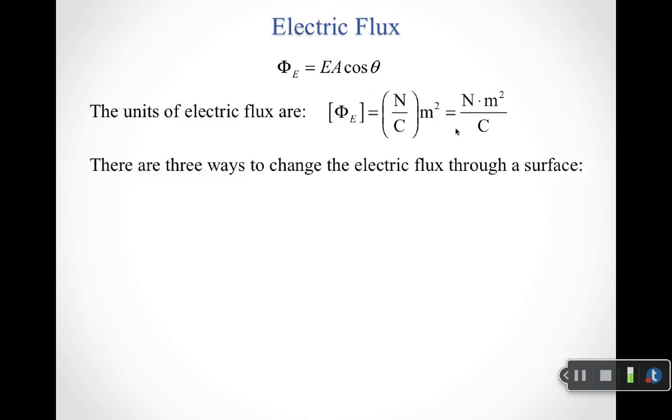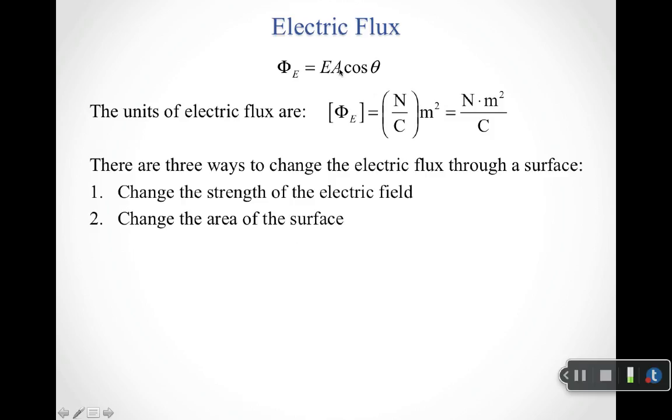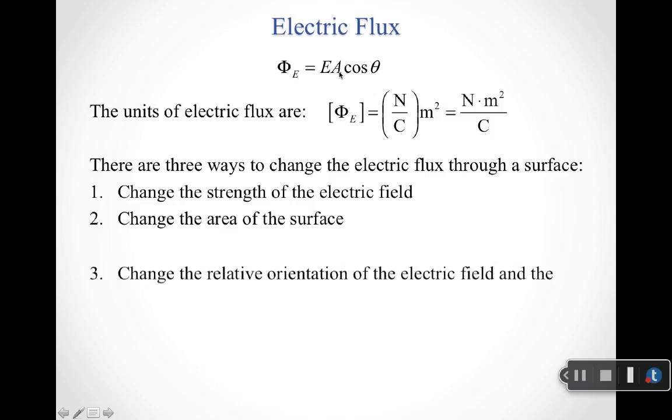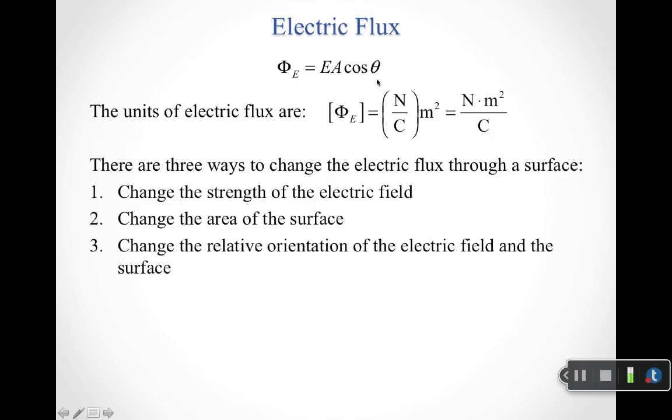This equation highlights that there are three ways I can change the electric flux through a surface. First, change the strength of the electric field, basically change this component. Second, change the area of my surface. And the third is I can change the relative orientation of the electric field and the surface.